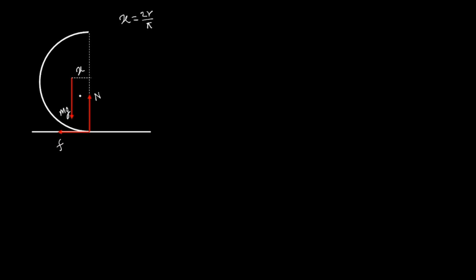Under this situation, this whole ring will have a tendency to rotate like this with some initial angular acceleration alpha about the point of contact. And this is all because of the friction. If there was no friction, then the ring would have simply slipped and rotation would not have been possible. So alpha is the angular acceleration.